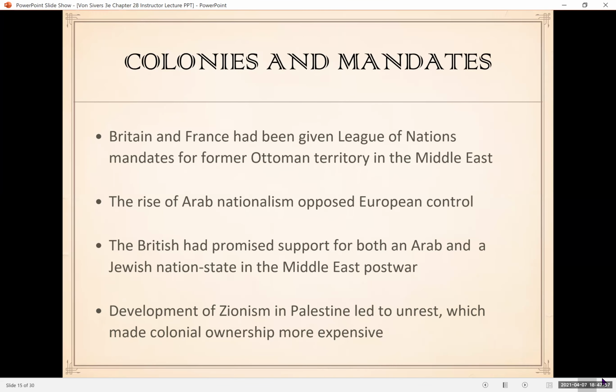And the British were trying to control Zionism because it led to a huge amount of unrest in the Palestinians that are there. Great Britain is basically going to try to minimize Jewish immigration into Israel, or into Palestine, as it was called. So that's going to be a huge mess.